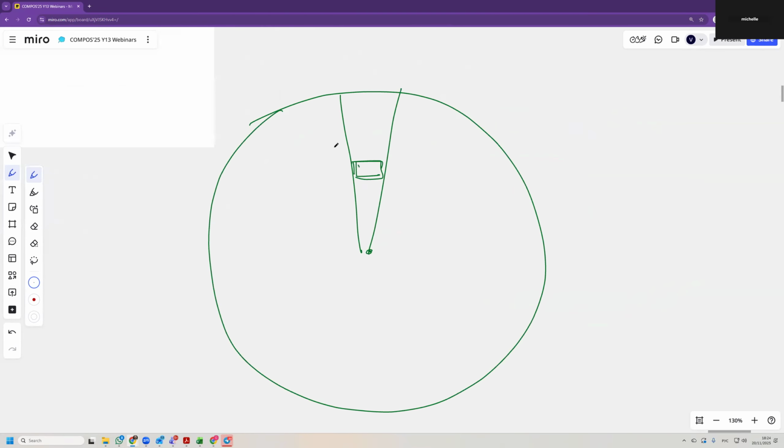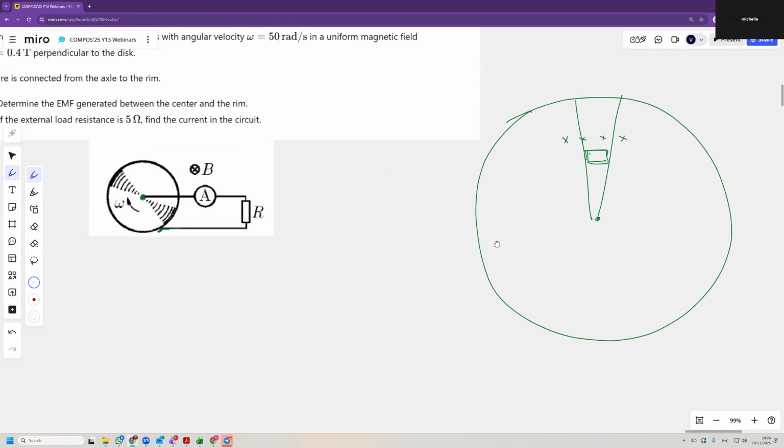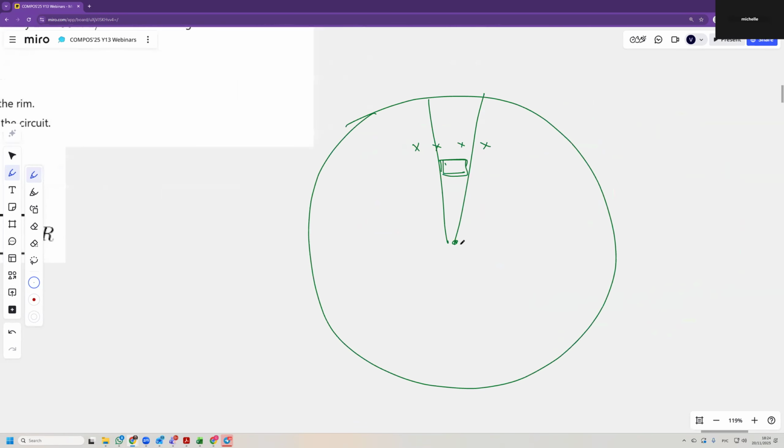So there's a magnetic field going into the page. Well, doesn't matter, in and out, it's actually into the page. And the wire is moving with velocity v. And this is the length of the wire.